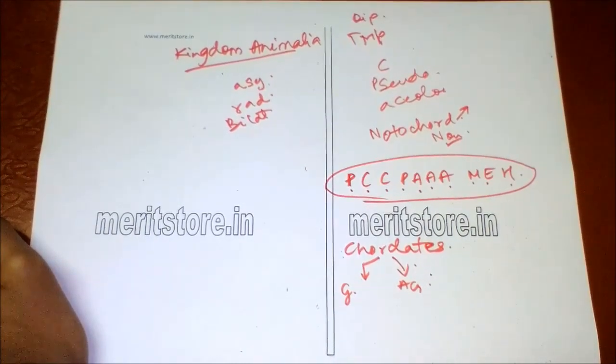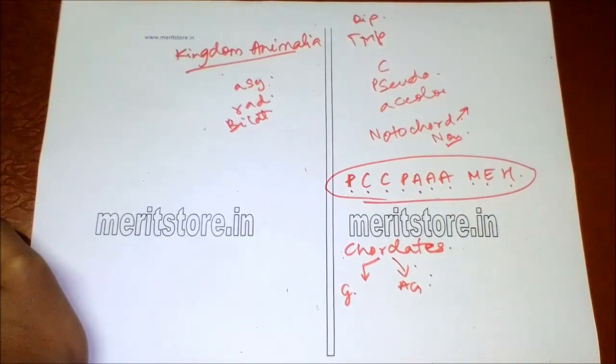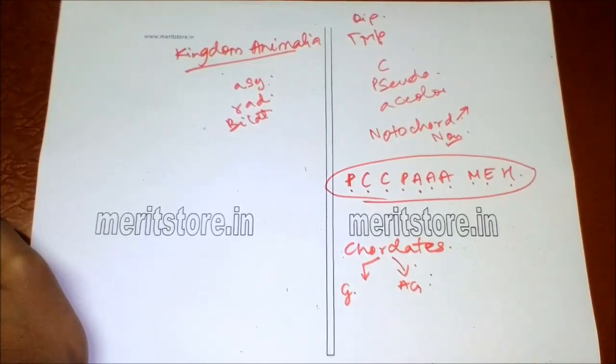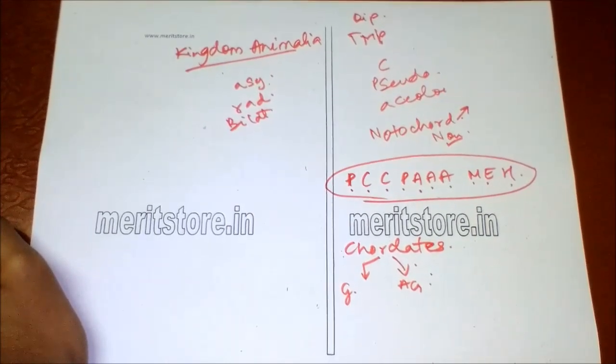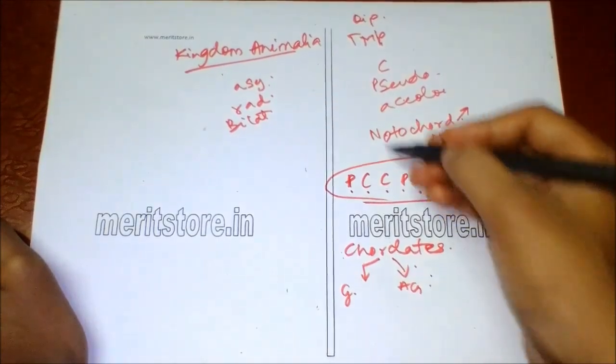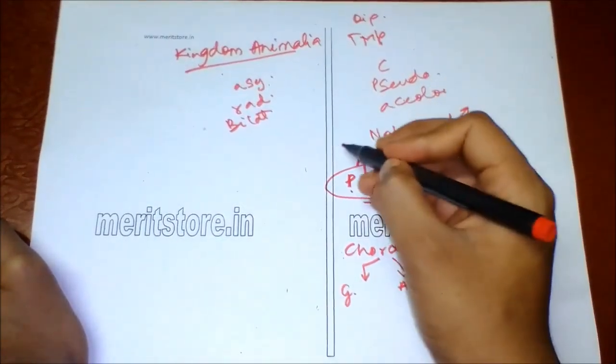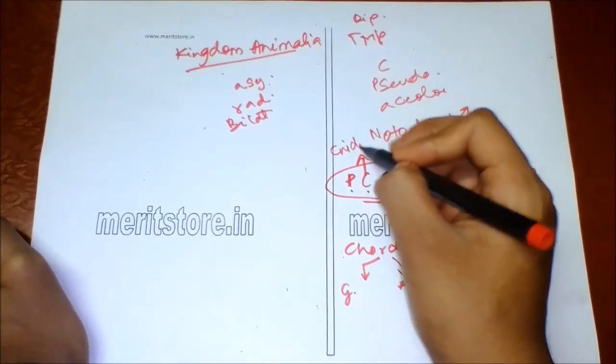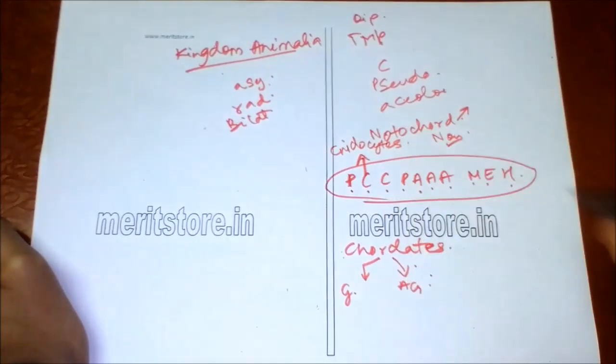So for the examples of each phylum, you need the special characteristics, or which type of cells are present in these animals, for digestion and for protection. Stinging cnidocytes are present in Coelenterata. These are some special characteristics. Cnidocytes, which are stinging in nature, are present in Cnidaria or Coelenterata.